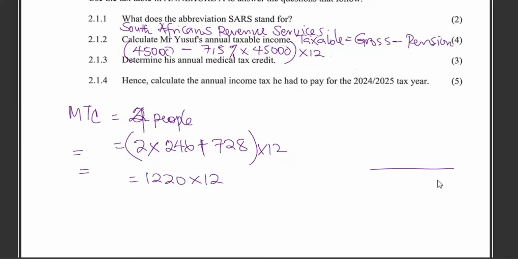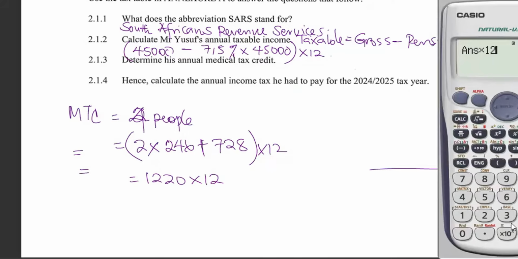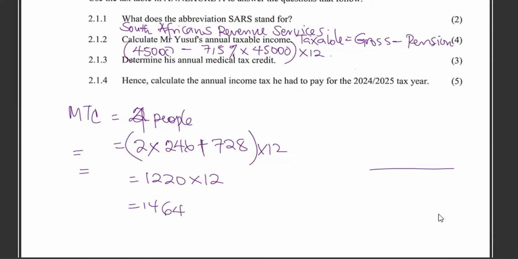Multiply that by 12. 14,640. That is the annual medical tax credits. Then hence calculate his annual income tax he had to pay.